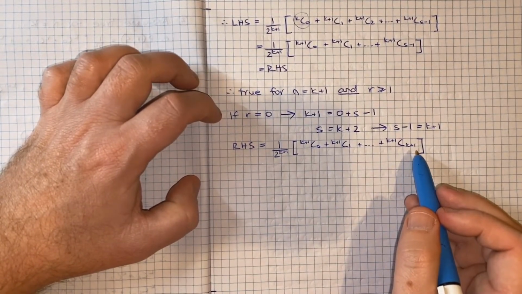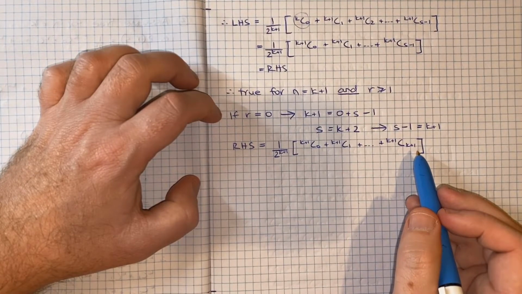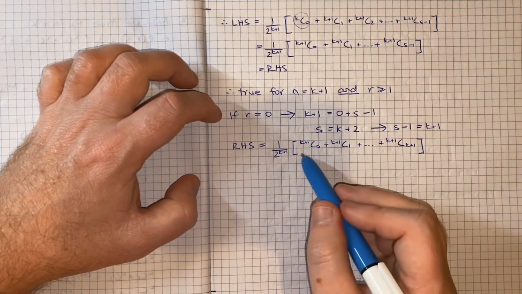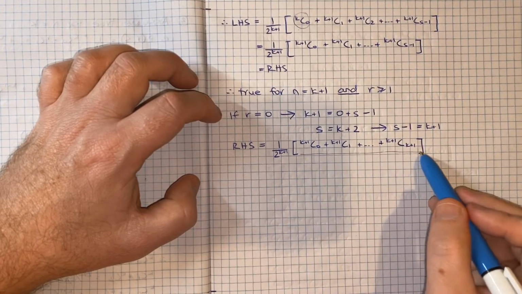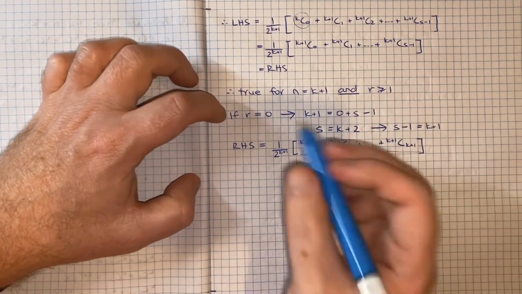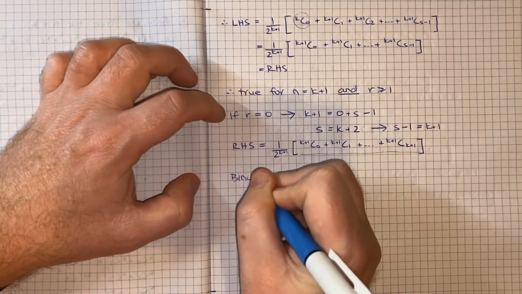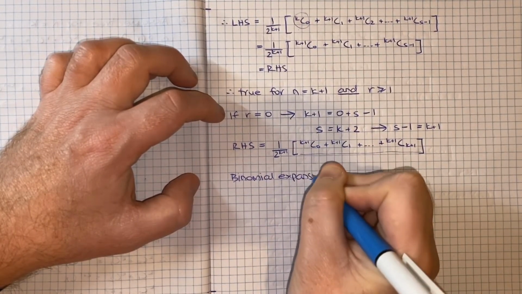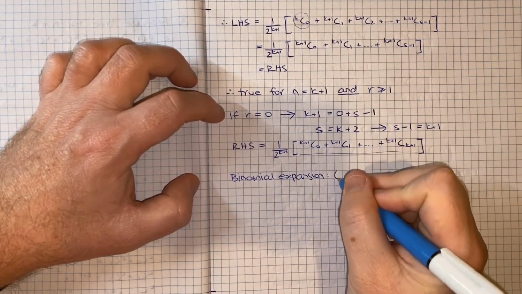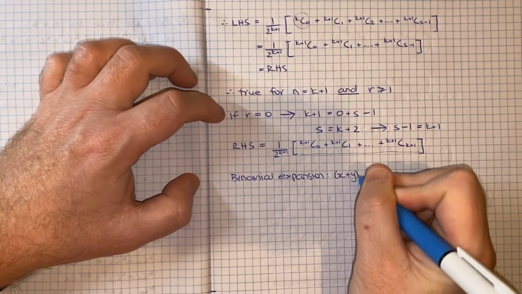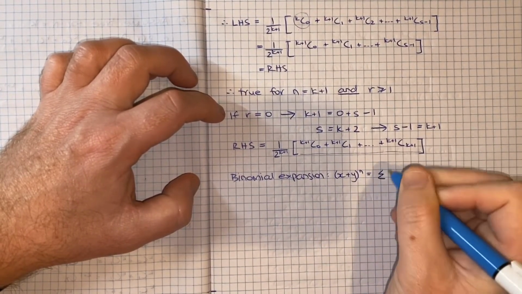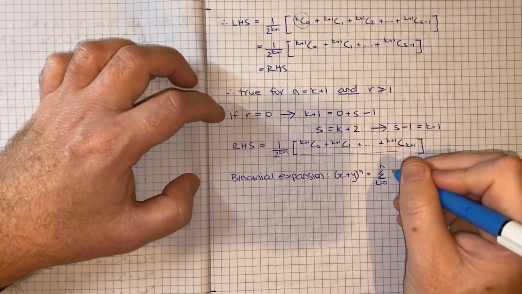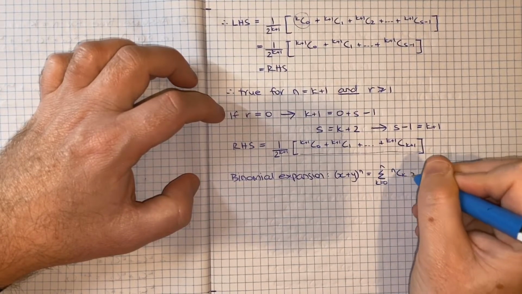Now, I think we can do a binomial expansion here, because I think this bit here, we can make use of the binomial expansion result to simplify it. So note in our binomial expansion, in general, we know that x plus y to the n can be written as the sum from k is equal to 0 to n of nCk x to the n minus k y to the k.